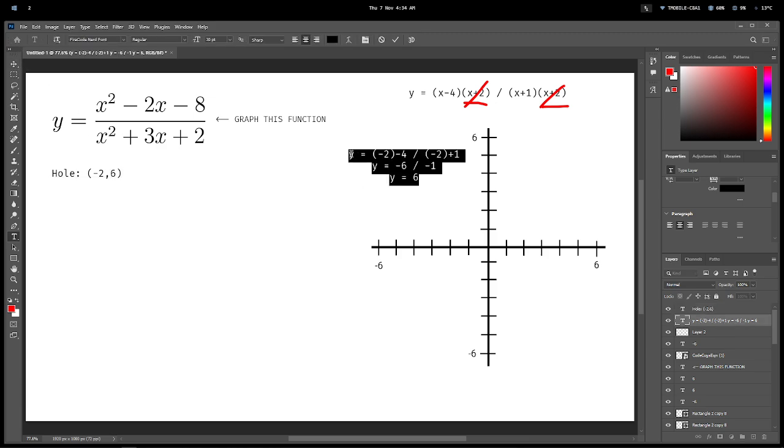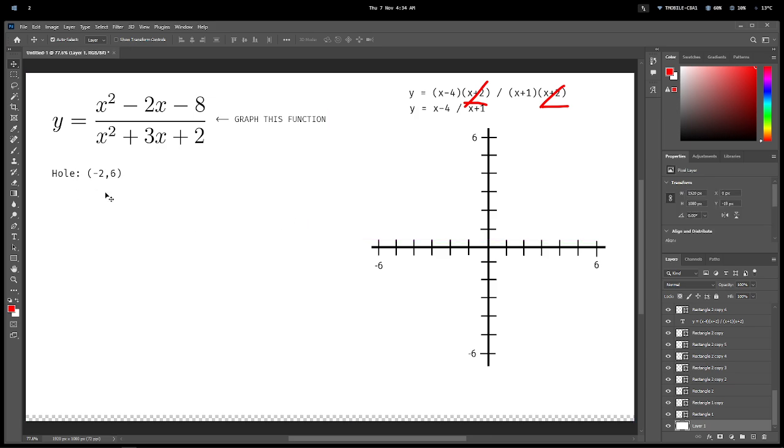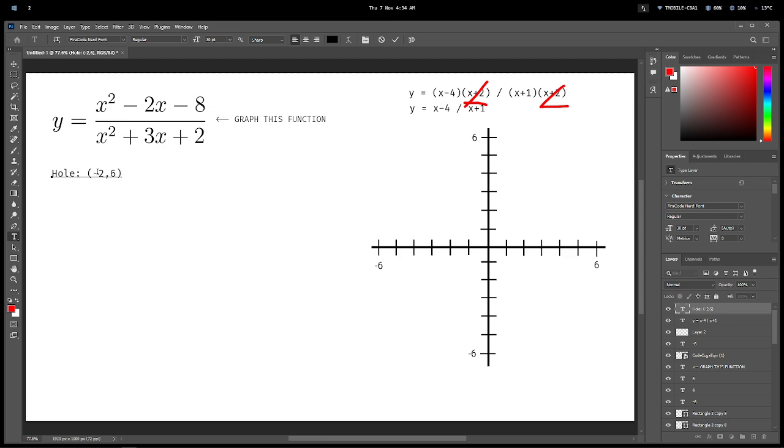Okay, we will keep this baby equation in hand because we will be using it later in a bit. So back to here, we have our hole. Let's find the x-intercept. To find the x-intercept, you set the top, in this case the left, but it's the top, to 0.